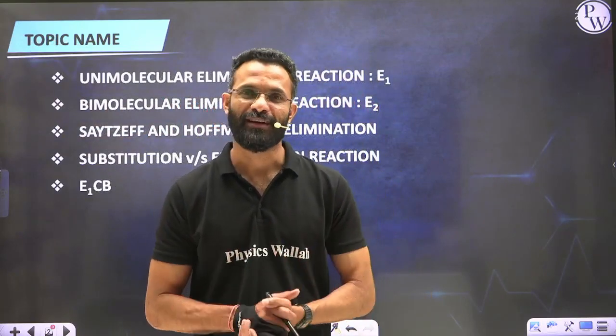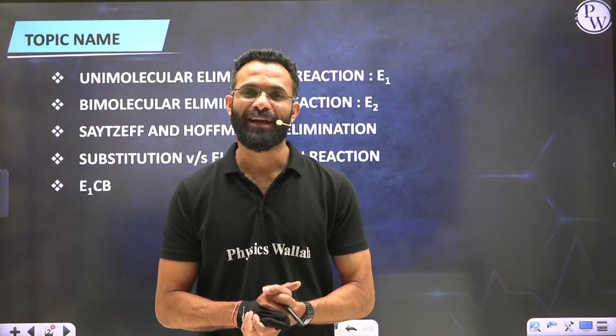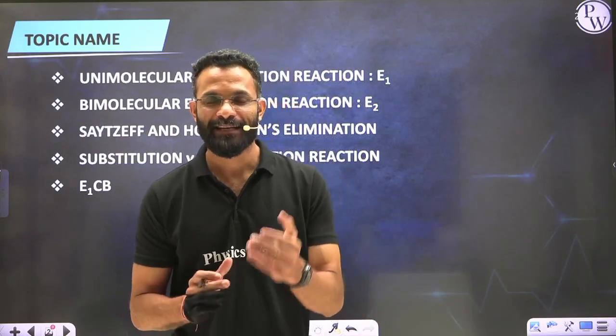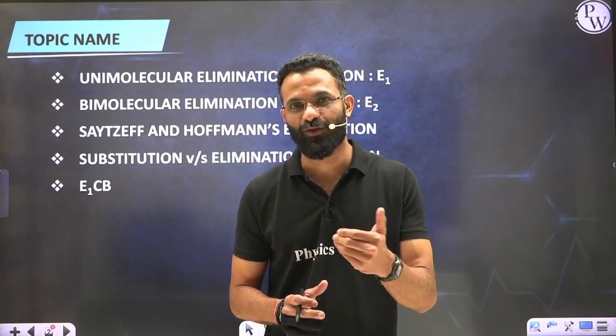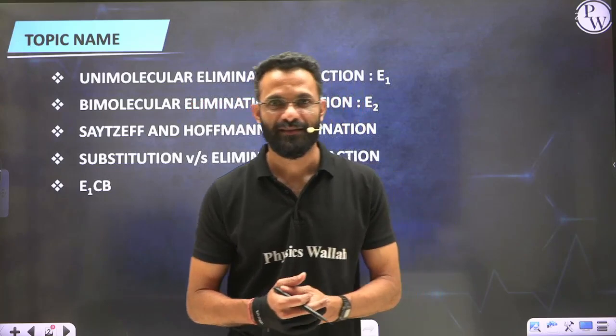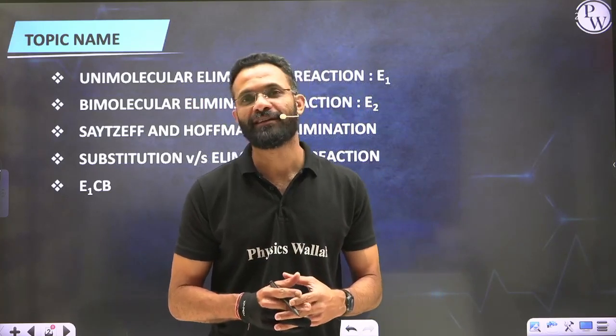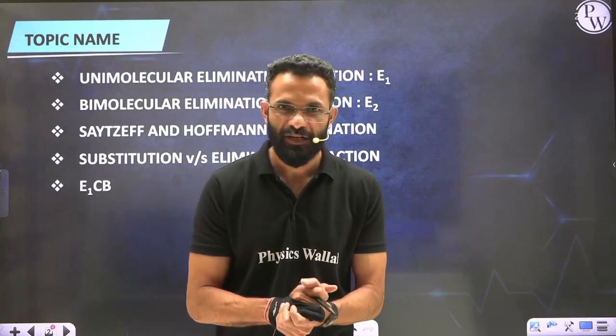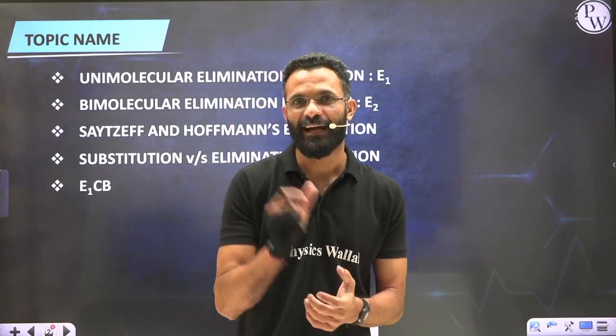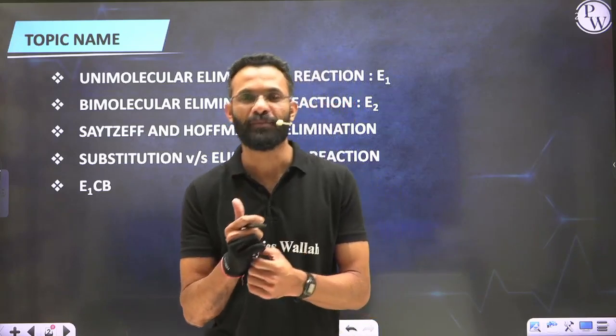Just a brief introduction. When we talk about elimination reaction, as the name itself suggests, we carry out elimination of an atom or a group of atoms. Since we are learning this reaction with respect to haloalkanes, or alkyl halide, you will generally see that the halogen atom acts like a leaving group.